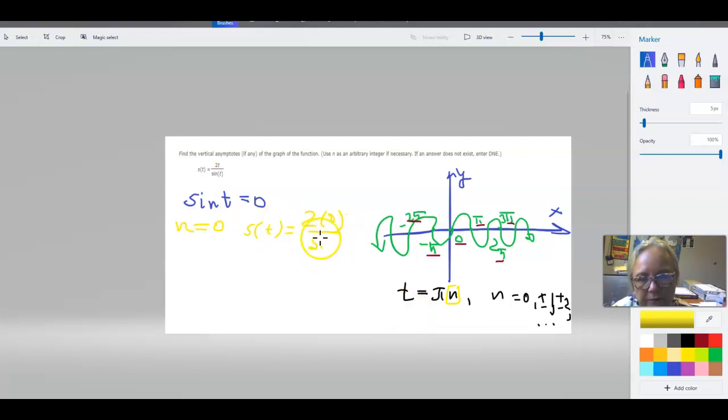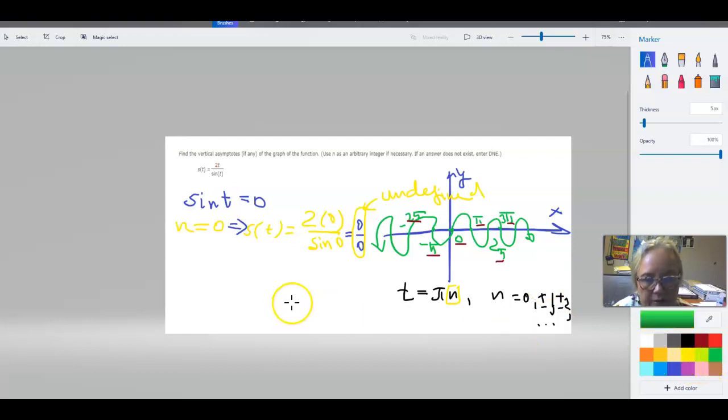So if n equals 0, then the value of the function will be 0 over 0. This quantity is undefined. 0 divided by 0 is undefined. We will work with this in many cases.